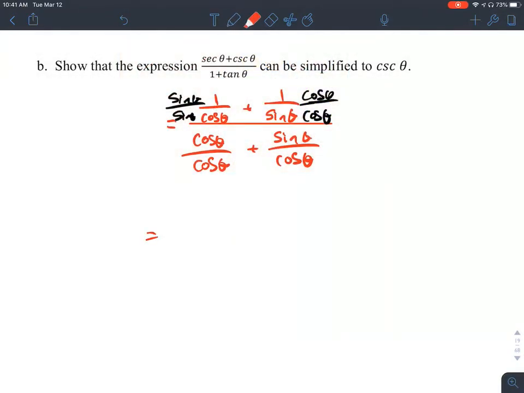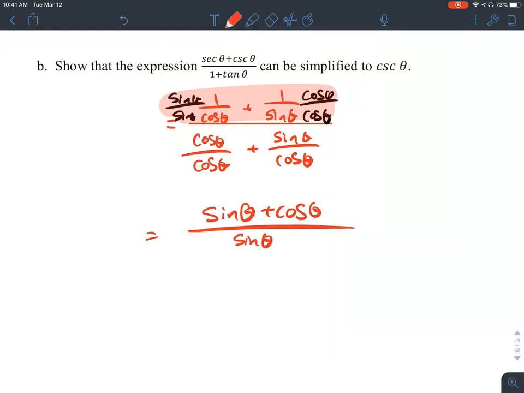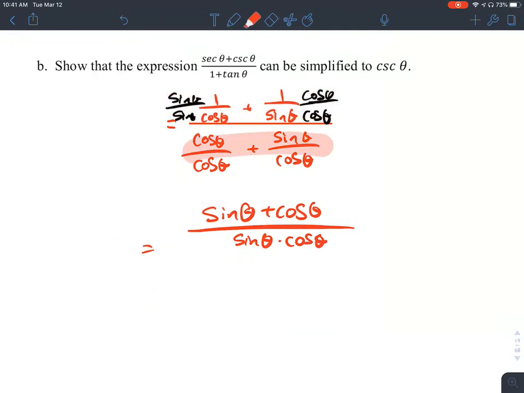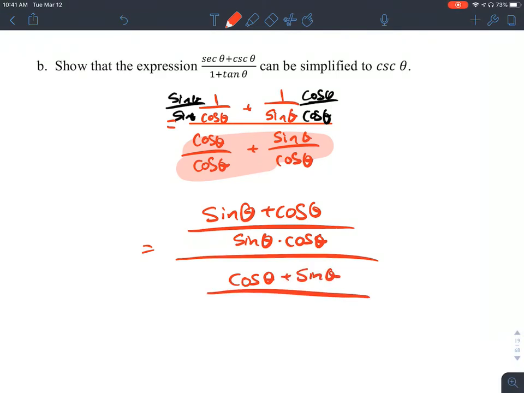So my numerator, I'm going to end up with sine of theta plus cosine of theta divided by sine of theta times cosine of theta. My denominator is going to give me cosine of theta plus sine of theta over cosine of theta.